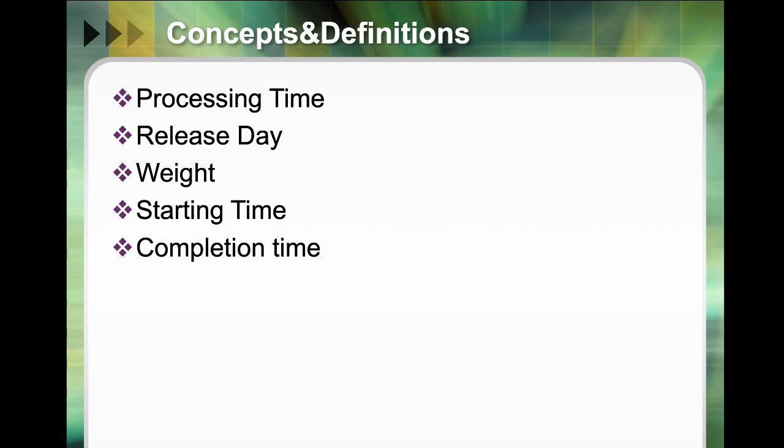Basically, a machine means some agent that will process the job, right? So this machine may be a human, a real mechanical machine, or some process that will require time to handle the job, right?